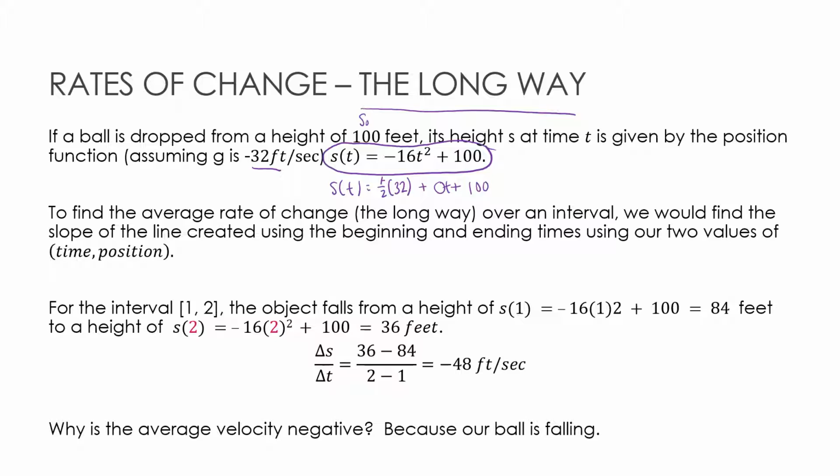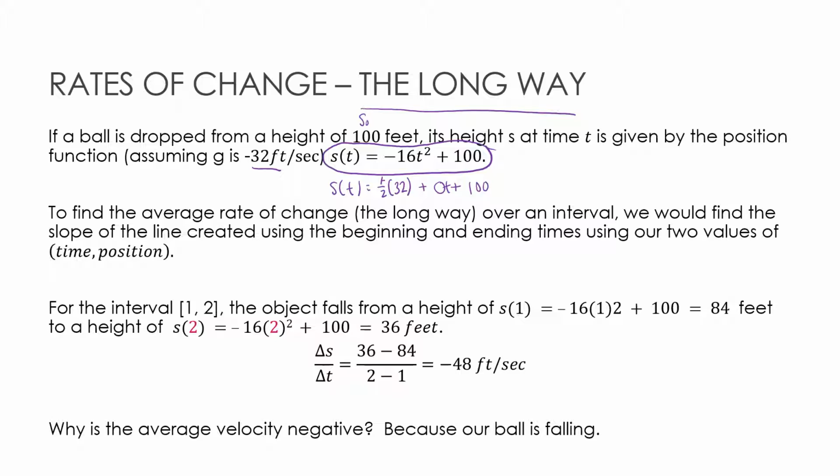To find the average rate of change over an interval, we're going to find the slope of the line created using the beginning and ending times of our two values. So time, comma, position. Again, this is the long way. We're not going to really do it this way much, so just make sure this math is stuff you're familiar with.